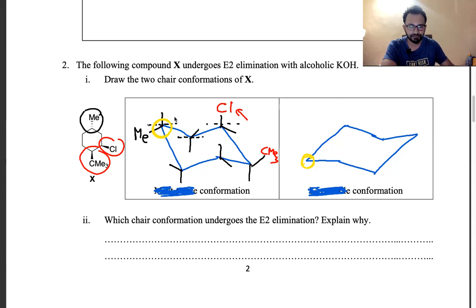My yellow point is now here. So see ME here. What are the things you know about ME? It is downwards, below the plane, but equatorial.